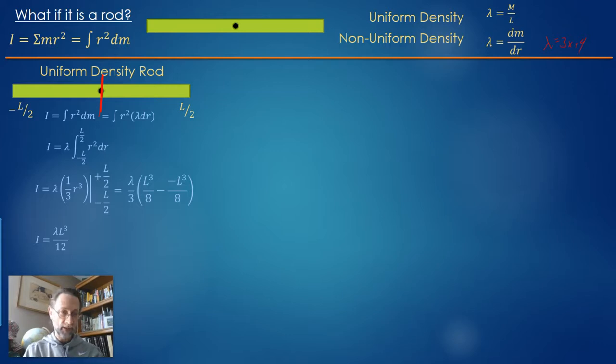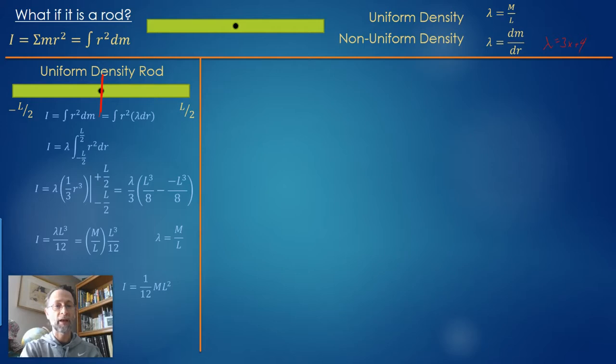Now, I don't want to keep the lambda in there. I want to do what we had at the top here, where lambda is the total mass over the total length. And so when I substitute that in, it helps me simplify it. And I get that for a uniform density rod rotating around its center, its moment of inertia is 1/12 mL squared. And again, you should be able to see that on the cover sheet that I gave you earlier that has the list of moments of inertia.